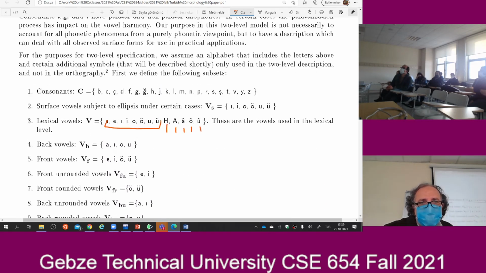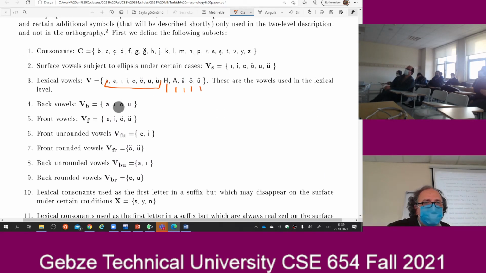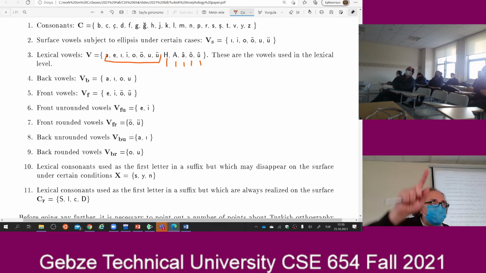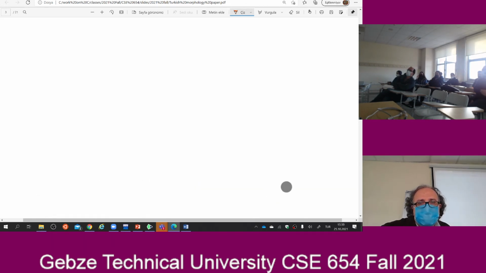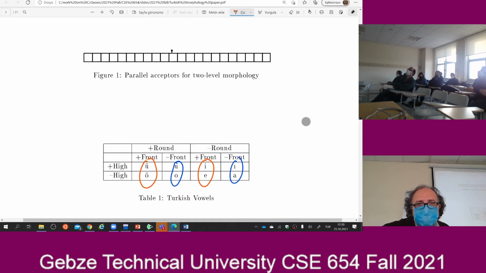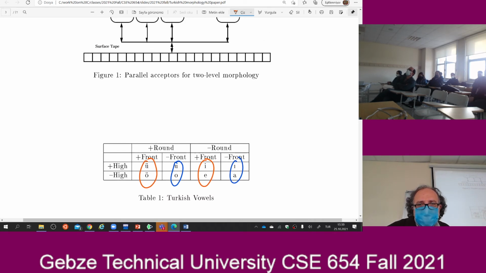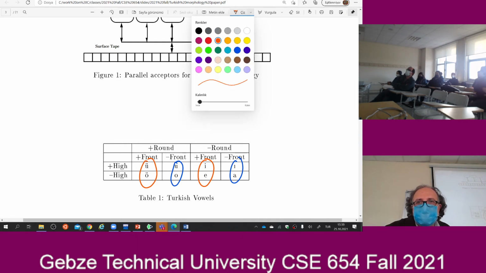So let's go back. This VV is back vowels, front unrounded. Remember that table with 8 vowels. Basically he assigned some letters for each of them. So high vowels are, let me use a different color, this one.